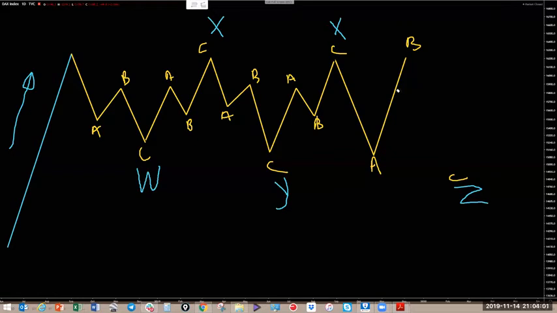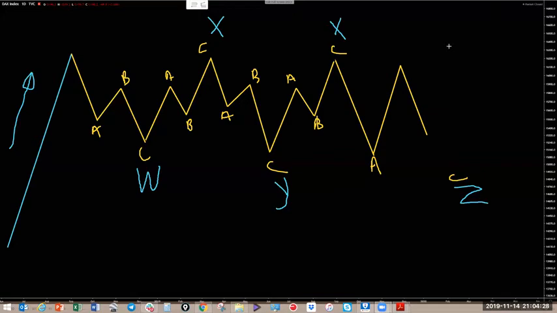The triangle in a double XY XZ can only be in a Z, so that means it can only be the last corrective structure, not in the middle. So you'll have something like this, A, B, C, D, E. You can have this, that's fine. But you cannot have this triangle inside here on a Y or on a W. It can only be on a Z.